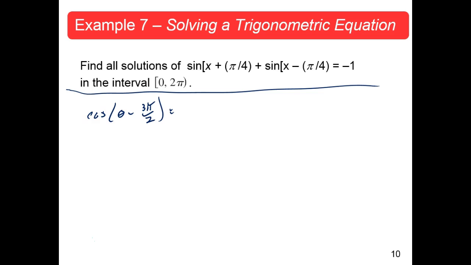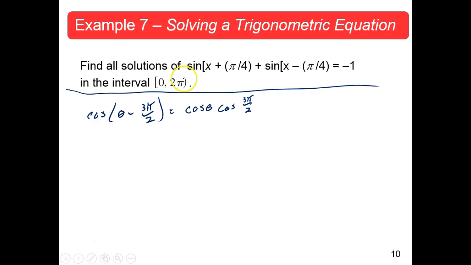Where would you begin? Cosine theta, is that what I heard? Okay. Next. Cosine of 3 pi over 2. Next. Anybody? Not minus.